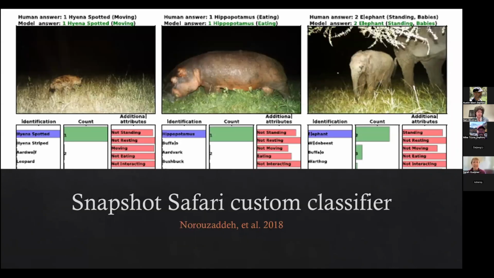Once we've identified and dismissed the empty images, we're left with the task of annotating various data from the wildlife images. Since its inception, Snapshot Safari volunteers on the Zooniverse have recorded as much data as possible from our camera trap observations, including species, counts, age, sex, and observed behaviors of all visible animals.